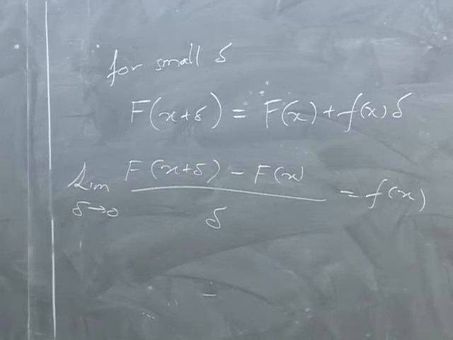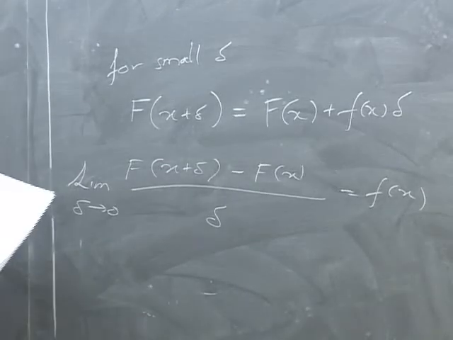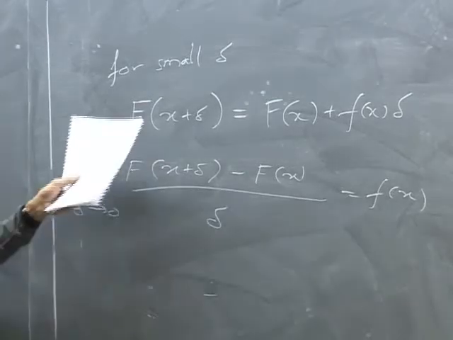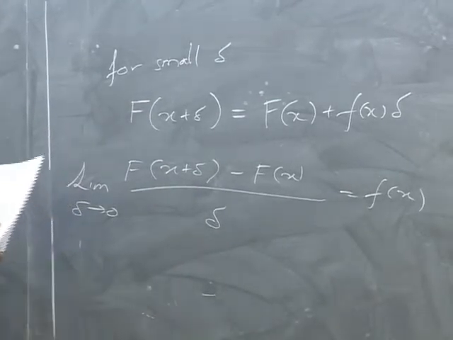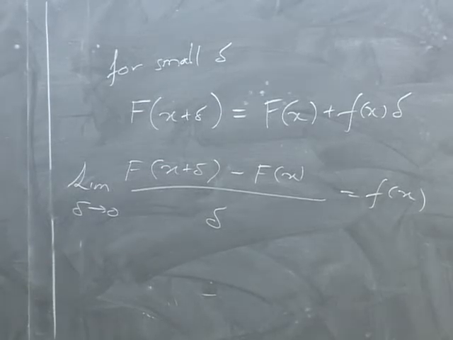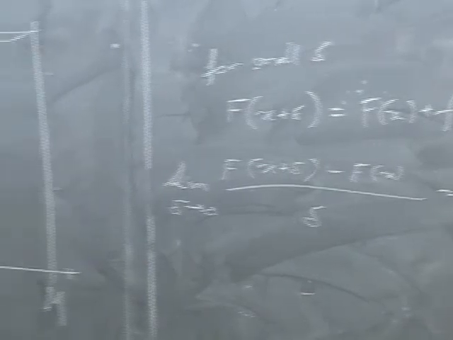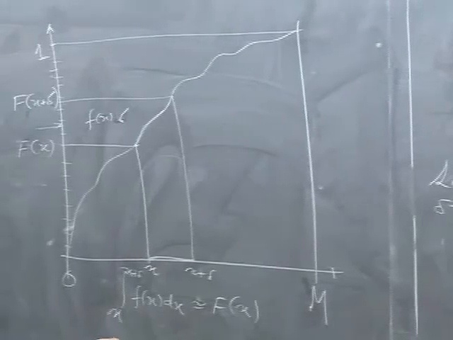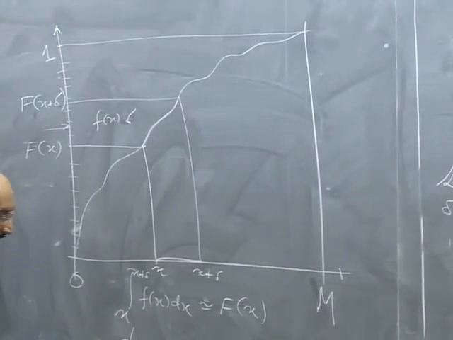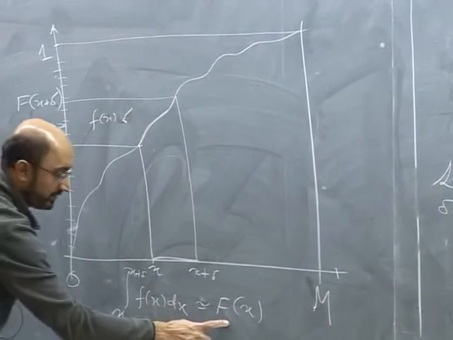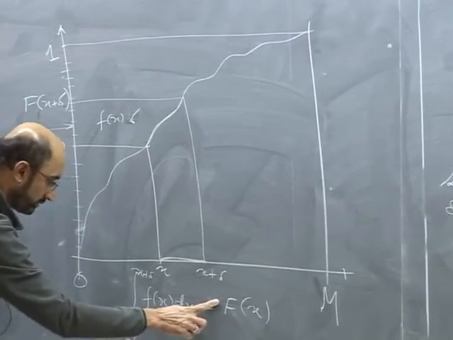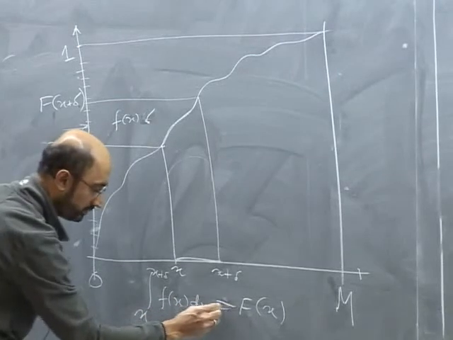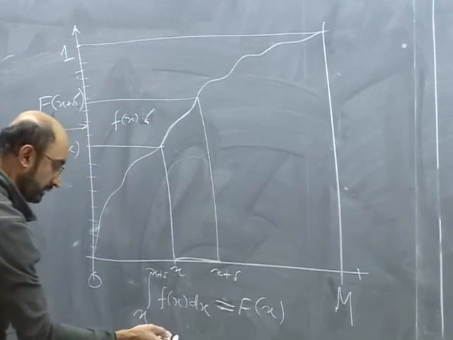I'm just taking the definition of the cumulative, and I'm writing it in this form. So why doesn't it make sense? You said it wasn't making sense. This is the same thing, and for small delta, it's f of x. Oh, I see. This one over here. Sorry, this is equal. So it should be F of x plus delta minus F of x.